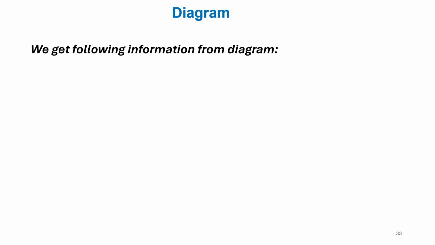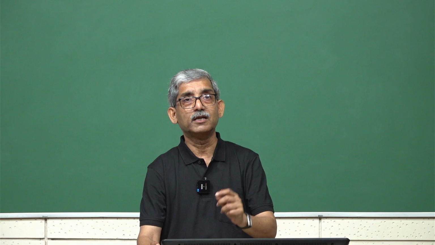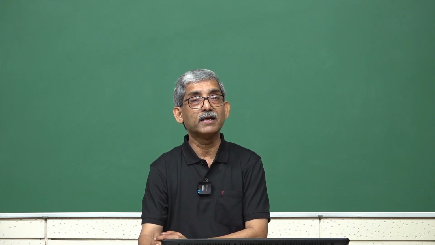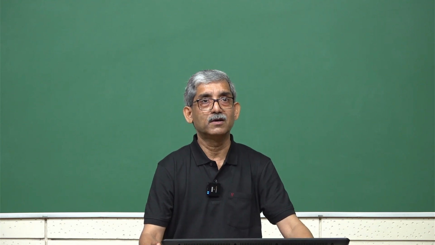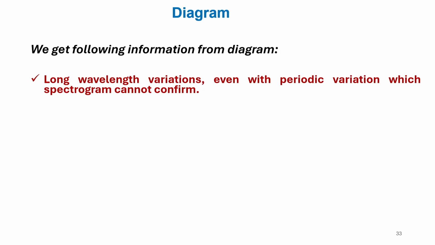Now, from the diagram, what do we get? We get different information which we may not get from other instruments or other types of expression. One is the long term wavelength variation, even a periodic variation which the spectrogram cannot confirm.